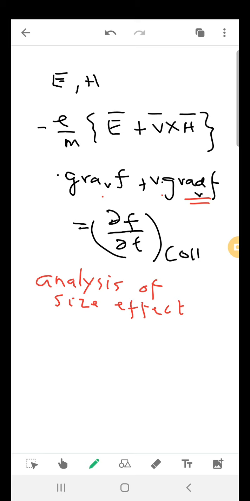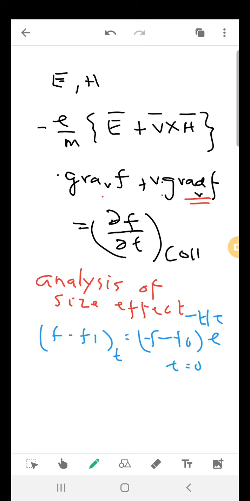Now, if we come to an equilibrium value, if we say that the rate of change of F is in equilibrium with the rate of change of F due to collisions, we can write F minus F0 at time t is equal to (F minus F0 at t equals 0) times e to the power minus t by tau.